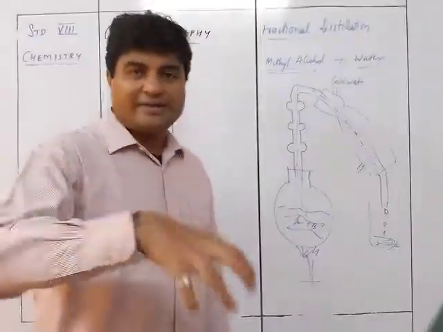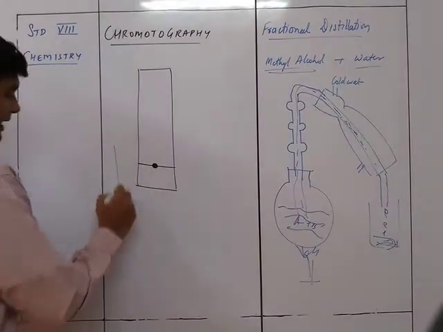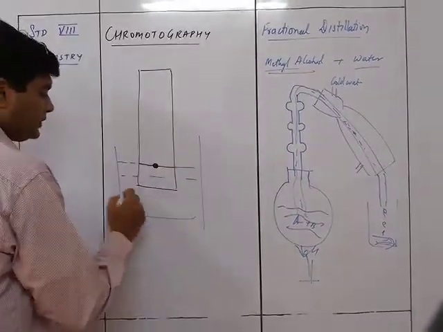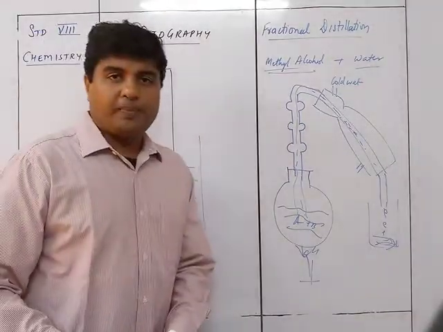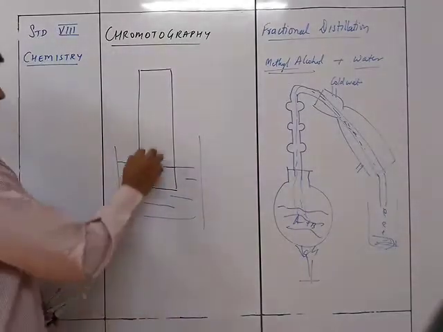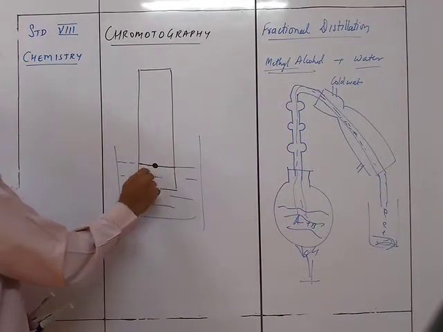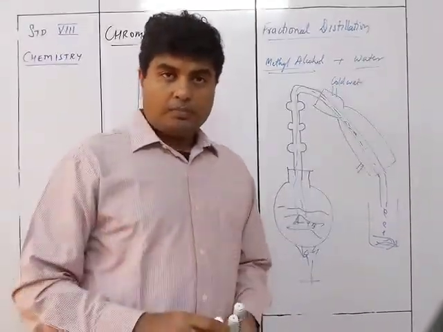Filter paper has a tendency to absorb water. And then you are going to take a beaker and take solvent inside. You are going to place this chromatography paper dipped inside this solvent, but only until the point that the ink spot reaches the solution.